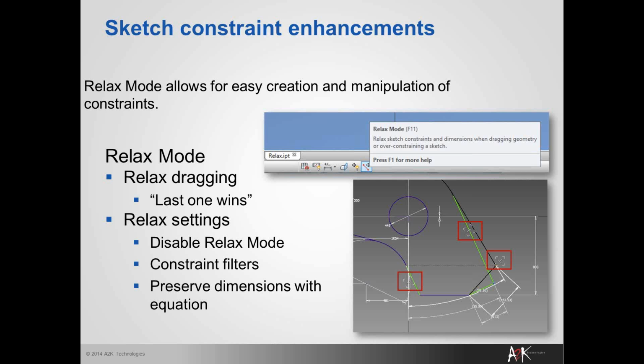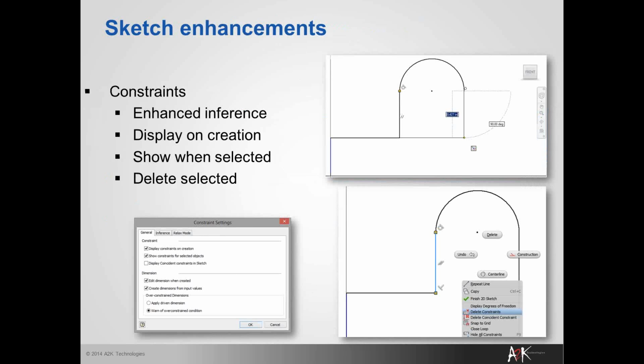There's a new, let's go to the next slide here, a new constraints setting dialog box that allows us to access everything we need for constraints. So it controls the inference as well as the constraint settings for the icons, etc. And of course the relax mode.